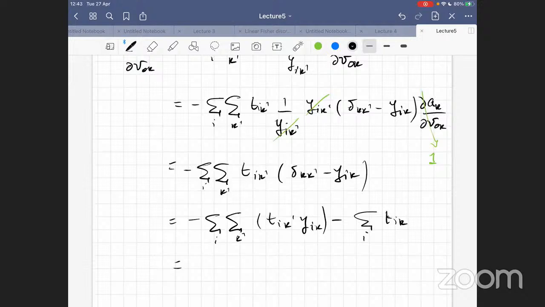But then the sum over k' is 1 here, because this doesn't depend on it.